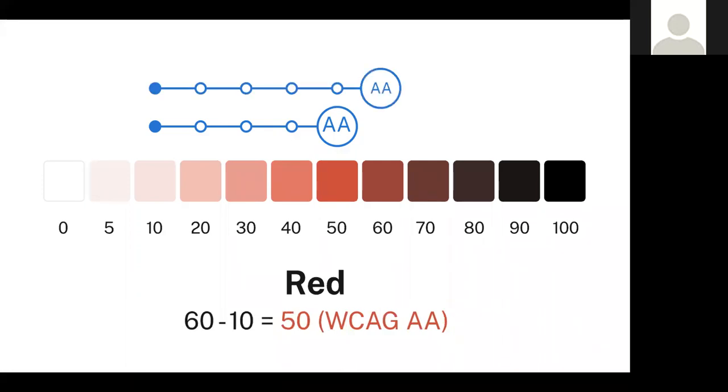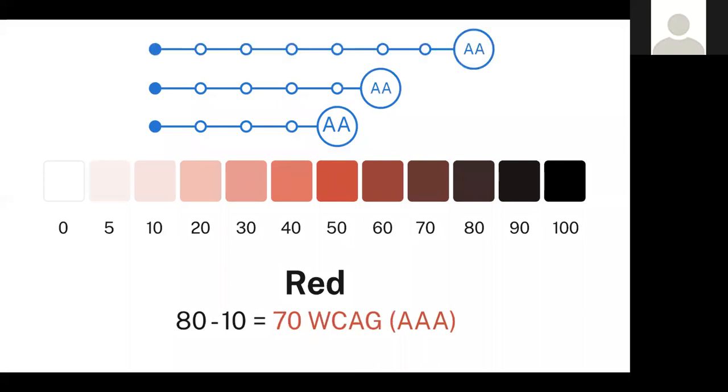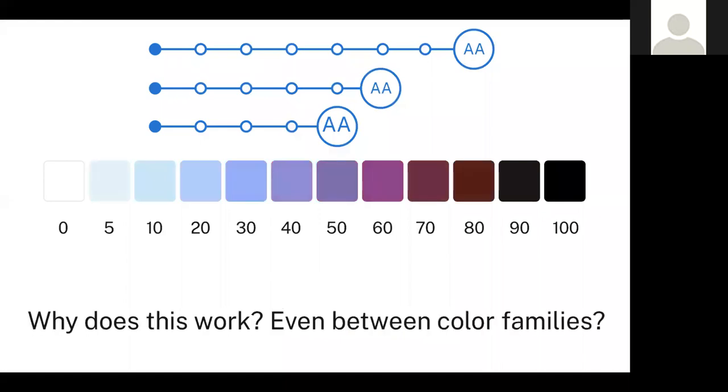Similarly, if you have a difference of 50 between any two colors, any two grades, that's WCAG AA contrast. And a difference of 70 would always assure AAA color contrast.